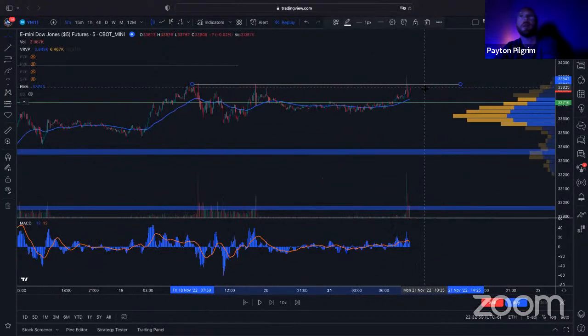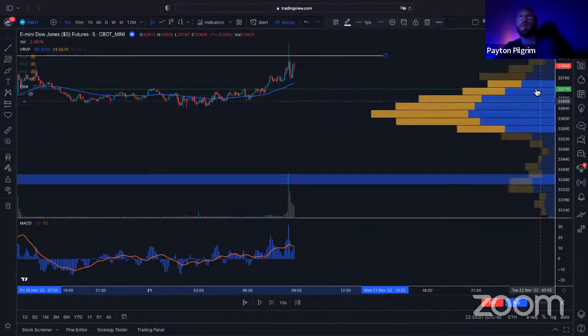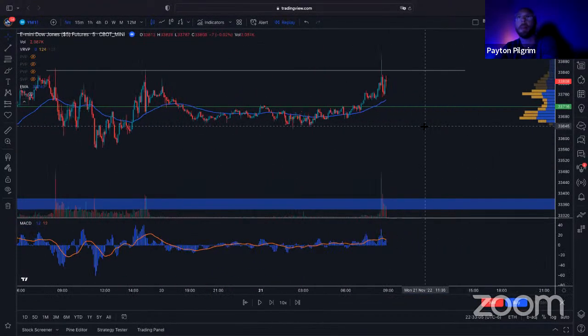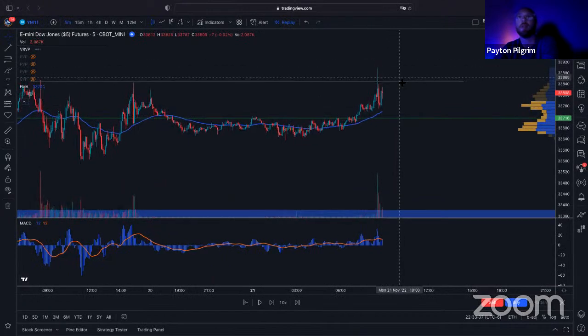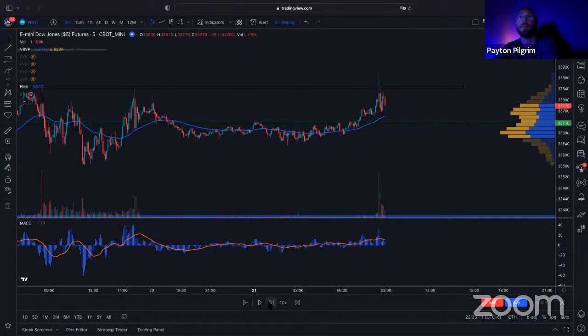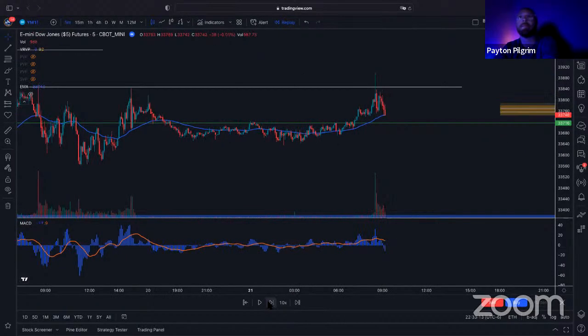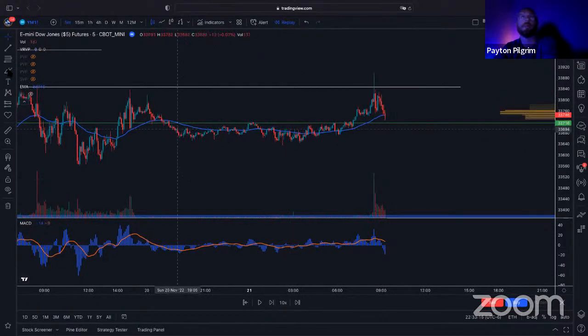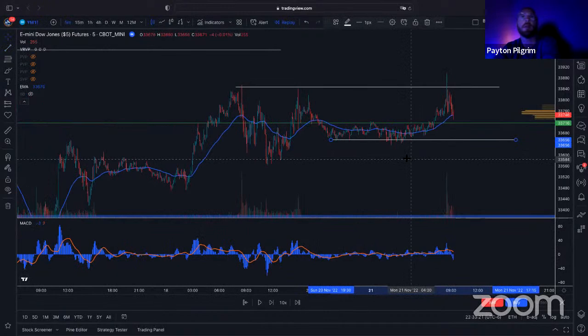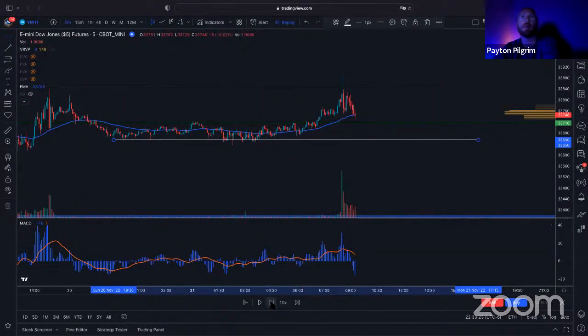So we wouldn't be in anything yet. It didn't close or do anything like that. If it does close above here and hold, I will be looking for it to go bullish. I guess this would be like a level for bears, but it's not really a great level.